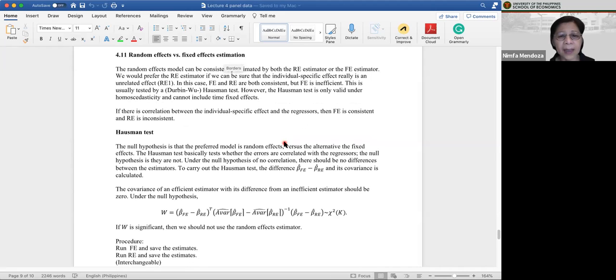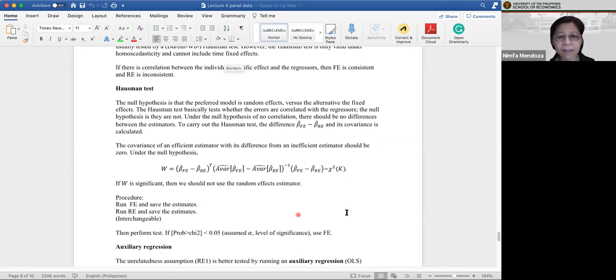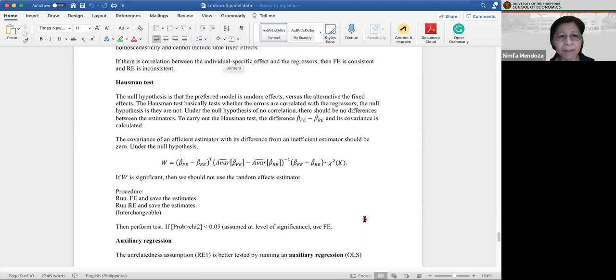Let's go through the Hausman test. This is quite a popular test. What is the null hypothesis under the Hausman test? The null hypothesis is that the random effects model is the preferred model.